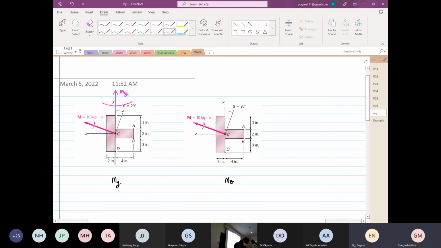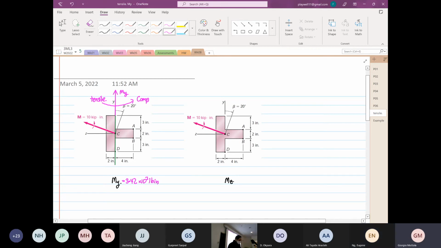And this will be compression. This will be tensile. And our value of MY, I have not a clue what it is now. 3.42, okay, 3.42 times 10 to the power 3 pound inch.